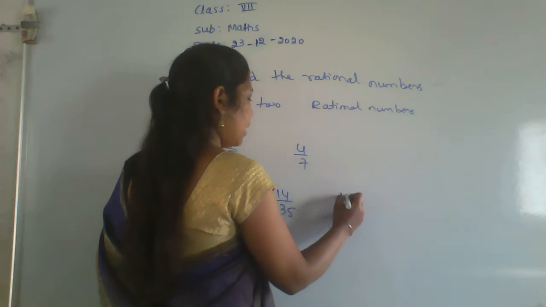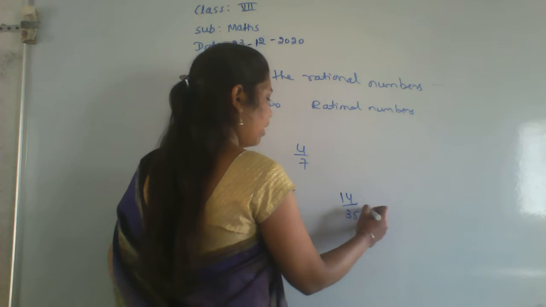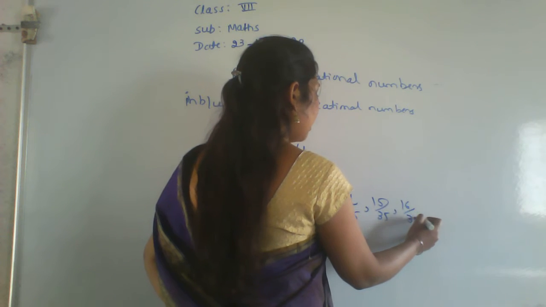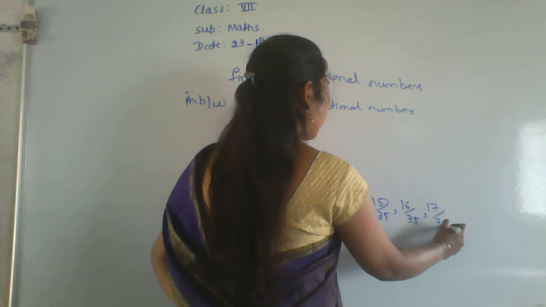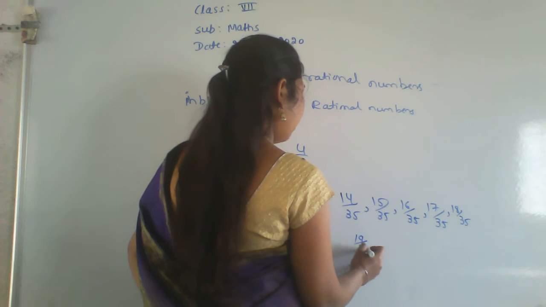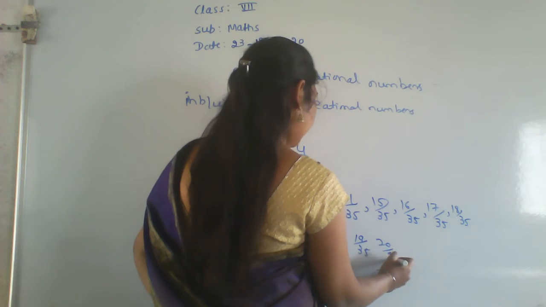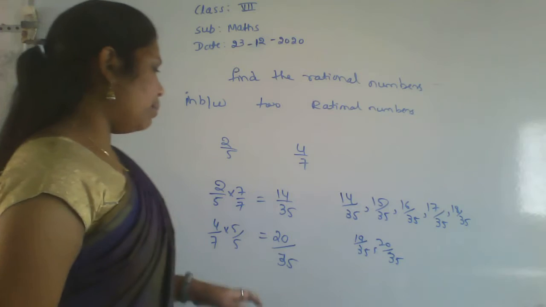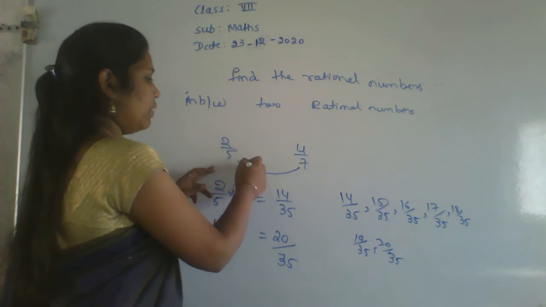They are 14 by 35, 15 by 35, 16 by 35, 17 by 35, 18 by 35, 19 by 35 and 20 by 35. So these are the rational numbers in between these two.